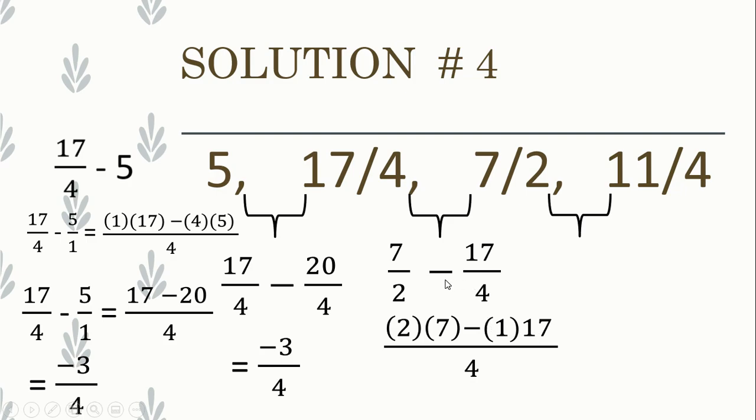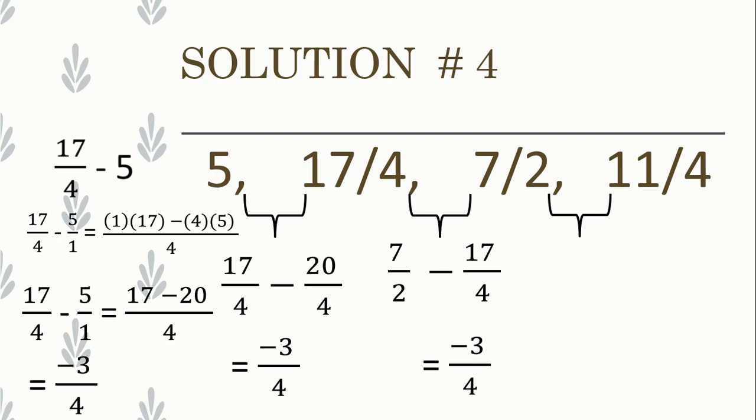Then, just simply indicate the operation, subtraction. 2 times 7 is 14 minus 1 times 17, that is the same as 14 minus 17. So simply evaluate the numerator. It's 14 minus 17 is negative 3. Then the answer is negative 3/4.